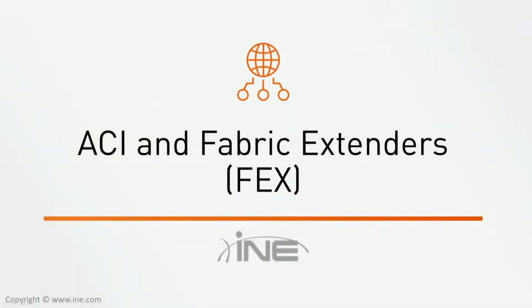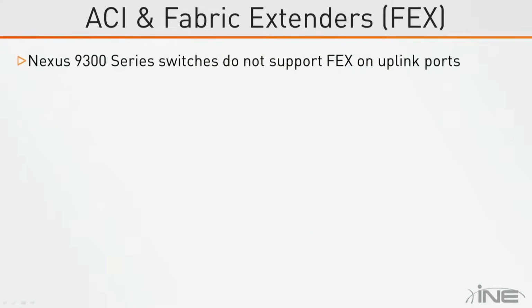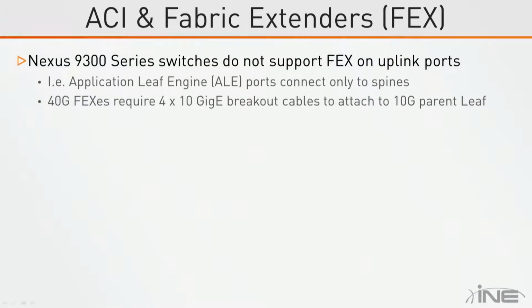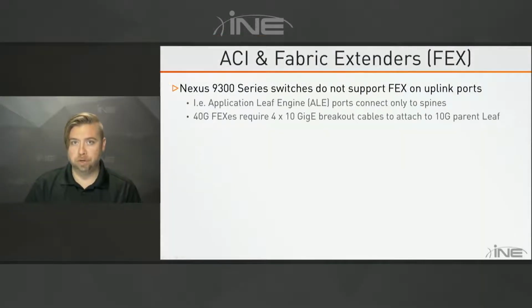So before we get into the configuration, let's talk a little bit about some of the design, not necessarily limitations, but the design caveats that go along with the ACI and the fabric extenders. First and foremost, when we're talking about layer one physical design, one of the key points to note is that the Nexus 9300s, which are going to be the leaf switches, do not support connecting the fabric extenders on their uplink interfaces, which are called the ALE ports, the application leaf engine.